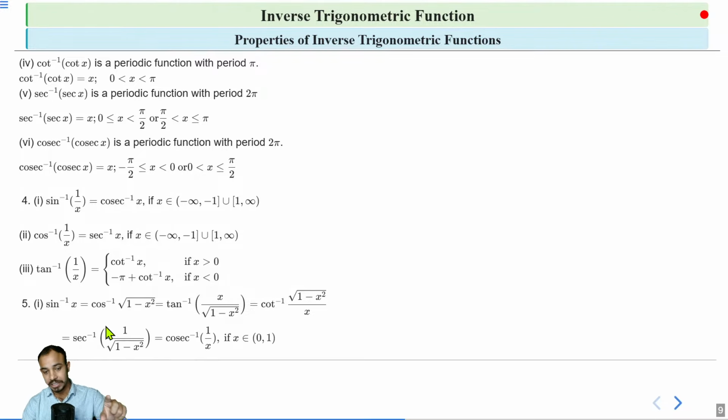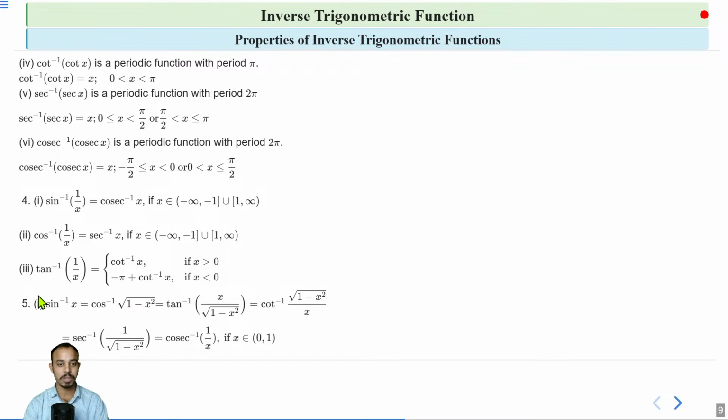Then you can also convert sin inverse x into sec inverse of something. So sin inverse of x is equal to sec inverse of 1 by square root of 1 minus x square, and this is equal to cosec inverse of 1 by x if your x belongs in the open interval 0 to 1. So keep in mind that when x belongs in the open interval 0 to 1, you can convert sin inverse x into cos inverse, tan inverse, cot inverse, sec inverse, and cosec inverse of something.